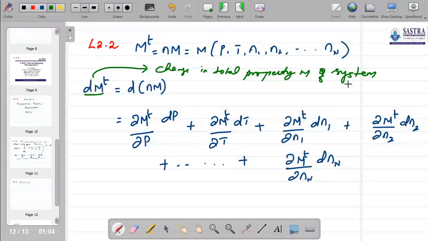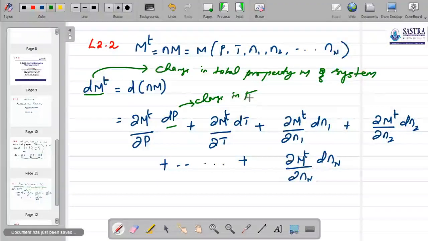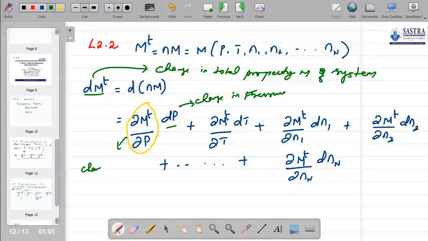This change in the total property of the system is given by, this is the change in pressure. So, this denotes the change that we expect in pressure, and this term as a whole denotes what is the change in the property of the system, of the solution, for change in pressure.